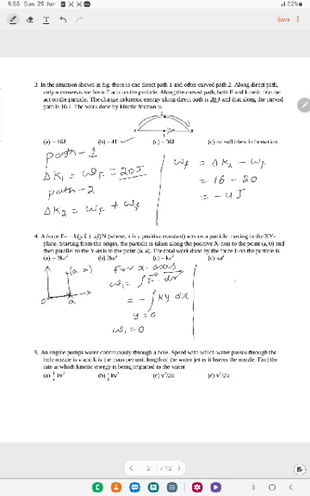Next, calculate for the path parallel to the y-axis, that is, moving from here to here. Let us calculate by the same method: W2 is equal to the integral of F dot dr. Since we are moving along the y-axis, we need to consider k x.